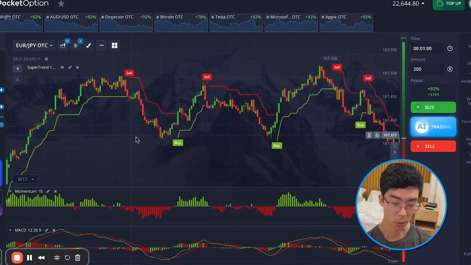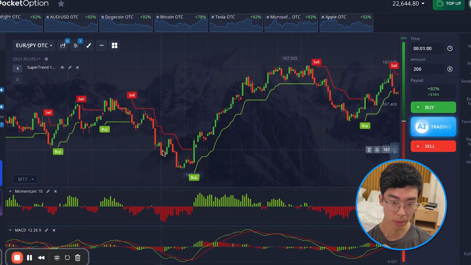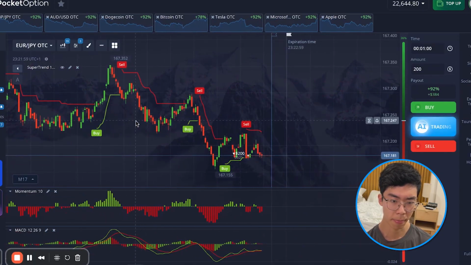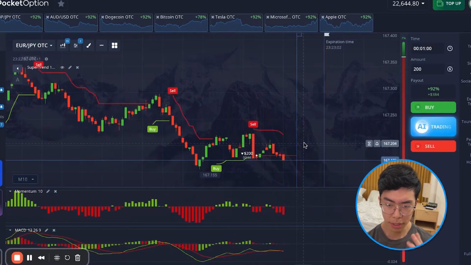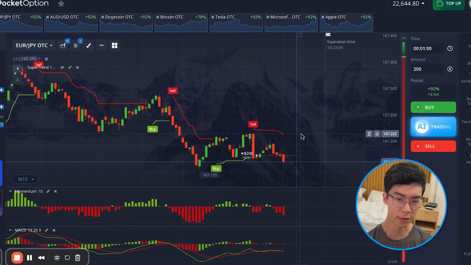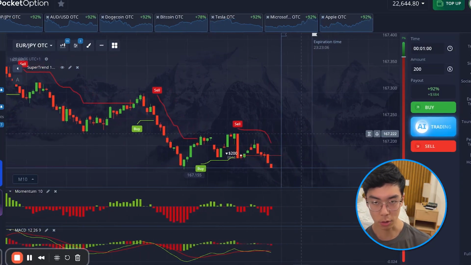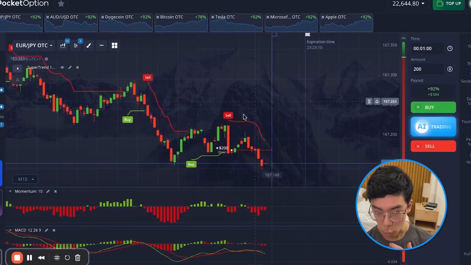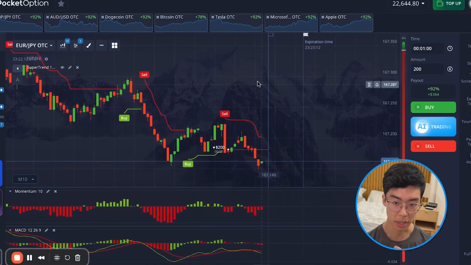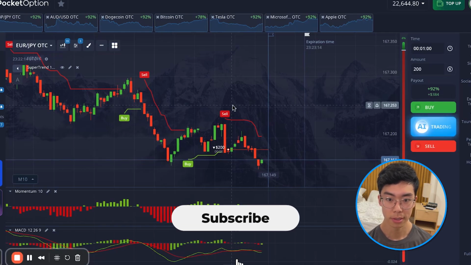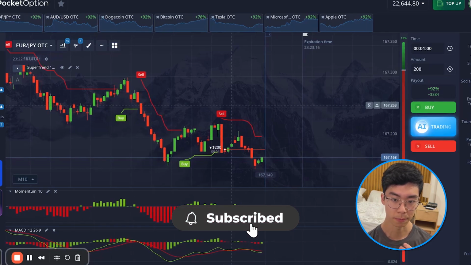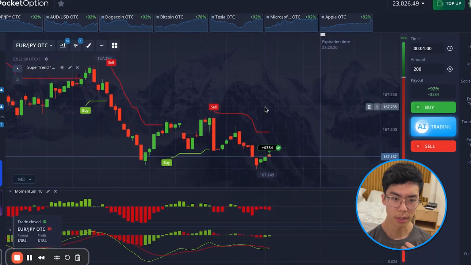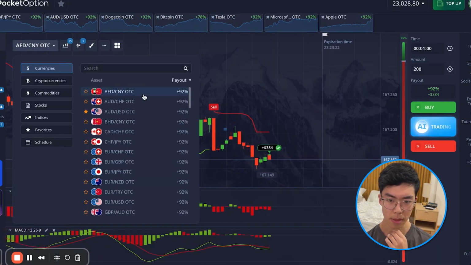The sells go for 10-20 candlesticks, and it's pretty accurate if you just follow the trend. If you don't follow the trend, then you're likely going to lose. But here, whenever it did a sell right here, we won the trade. Okay, we're going to win this trade, and voila, we won.